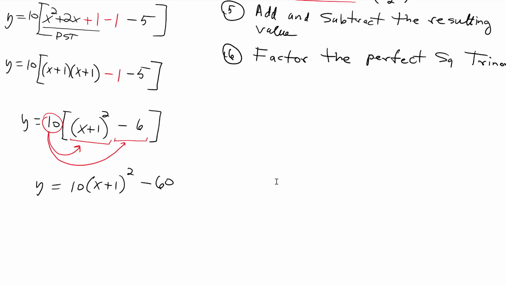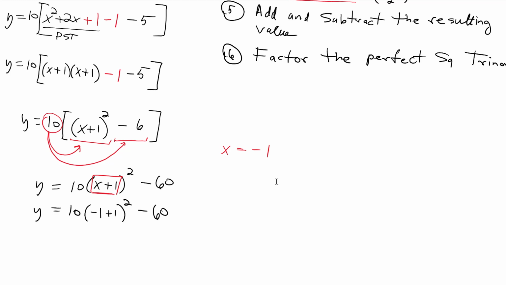So we have to ask ourselves a question. What value of x will make this piece right here 0? And the value is negative 1. Let's put negative 1 there and see what happens. So we have 10(minus 1 plus 1) squared minus 60.